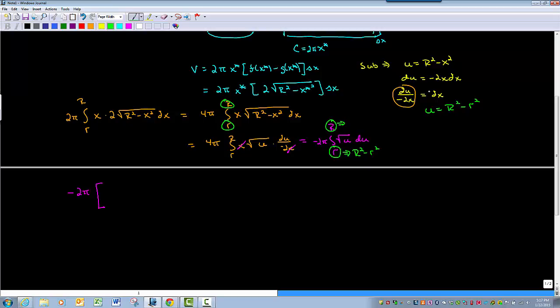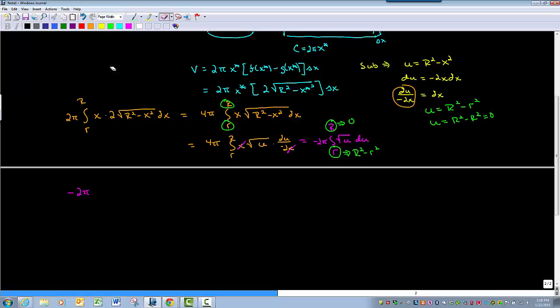Well, if x is big R, then u becomes big R squared minus big R squared, which is 0. So this guy becomes 0. So let me write it in terms of the bounds. Okay, so what I should do is write this out like this: big R squared minus little r squared, 0 on the top, square root of u du.